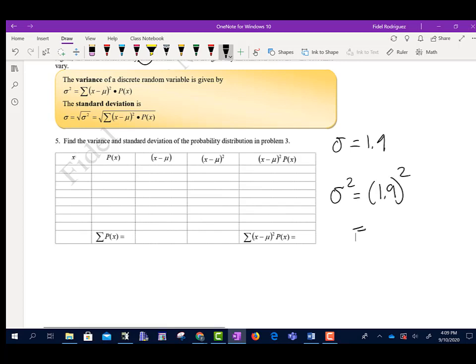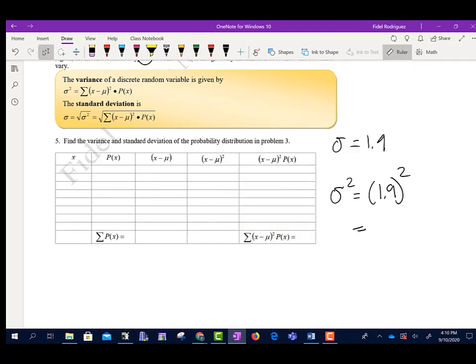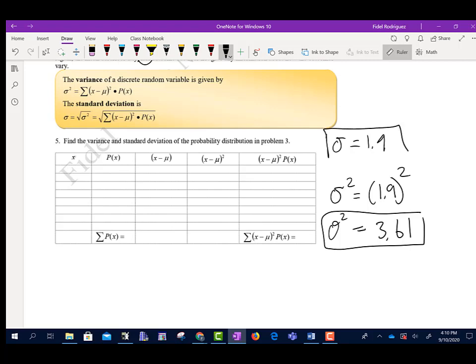So I come back to my calculator, clear that, type in 1.9, and square it. I come up with 3.61. So my variance is 3.61, and my standard deviation is 1.9.